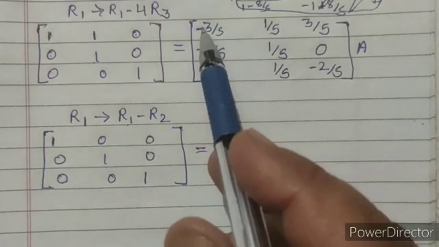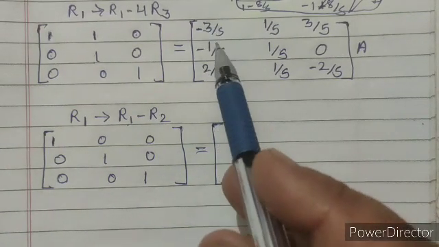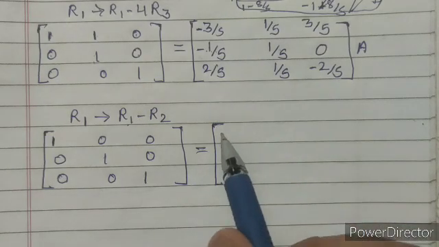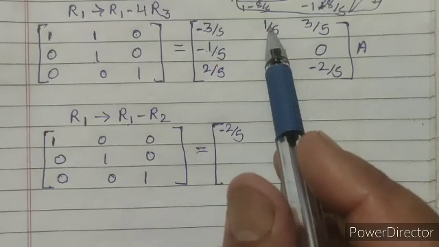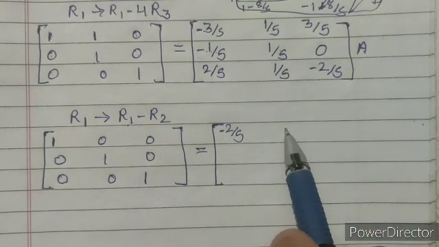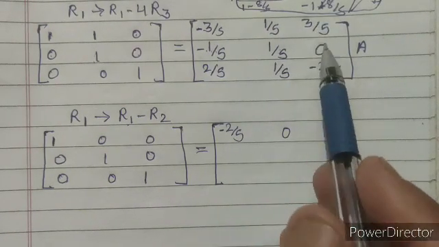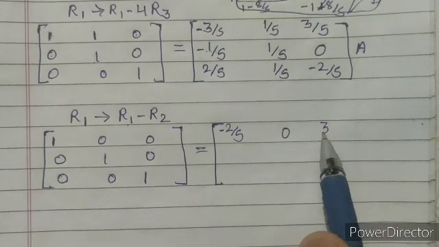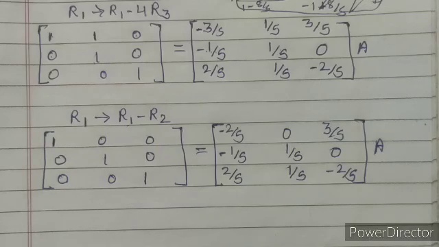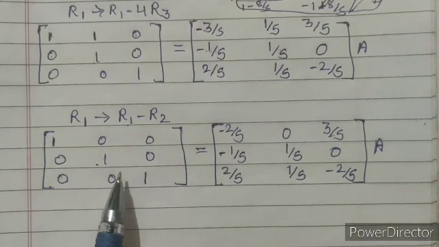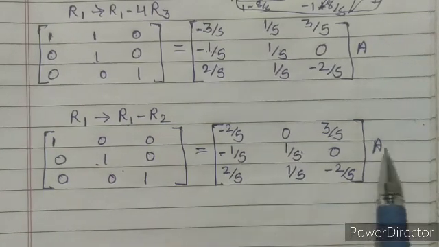The right hand side, minus 3 by 5 minus 1 by 5 will be equal to minus 2 by 5. 1 by 5 minus 1 by 5 will be equal to 0. 3 by 5 minus 0 will be 3 by 5, and other two rows will remain the same. Now it is in the form of I equal to BA.